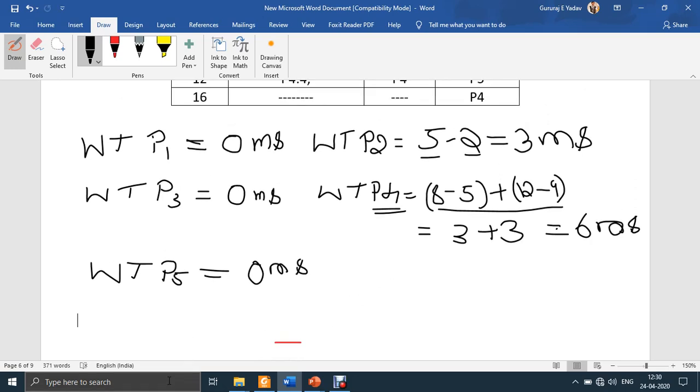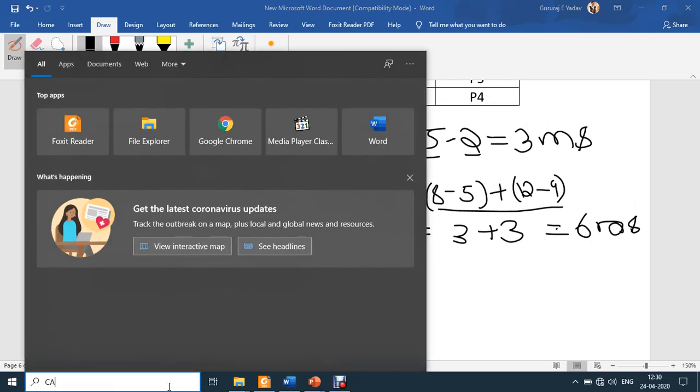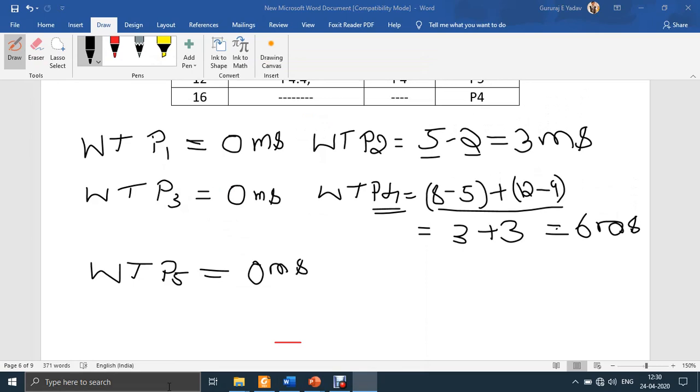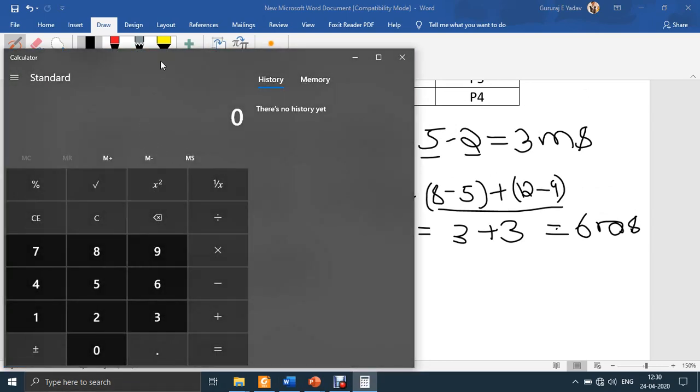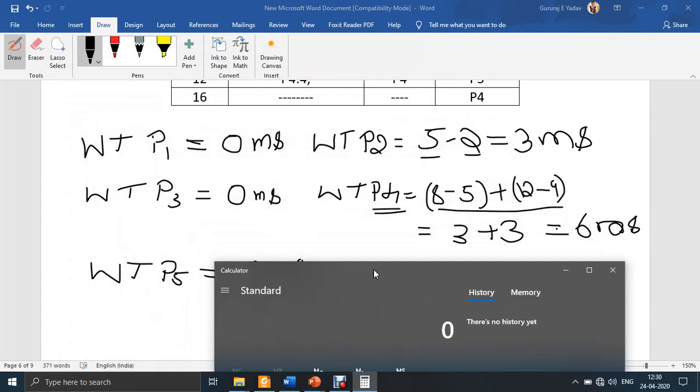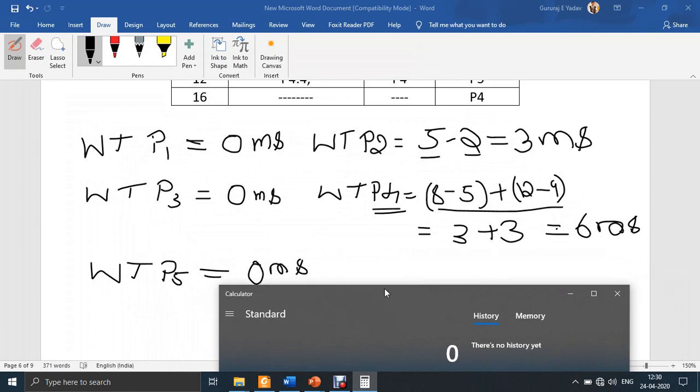So now to calculate the average waiting time, I'll open my calculator. I have to start with 0. So it is 0 plus 3 plus 0 plus 6 plus 0. Okay, so it is 9 divided by how many processes are there? 5.